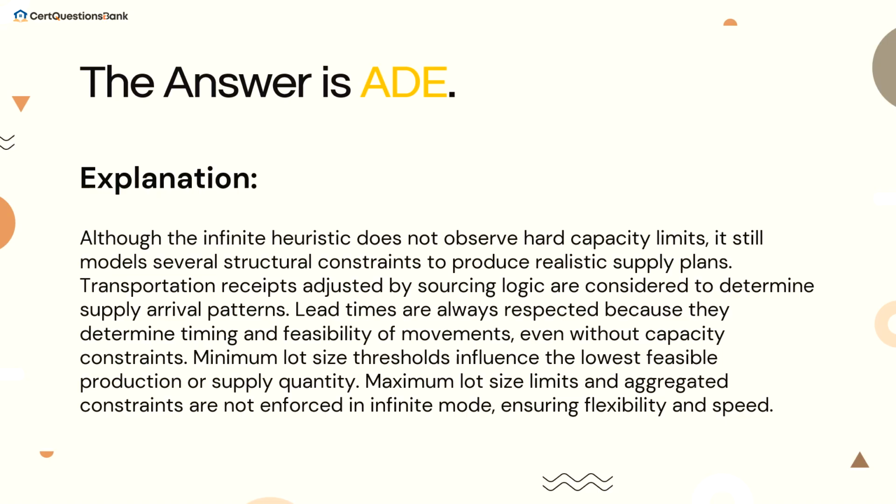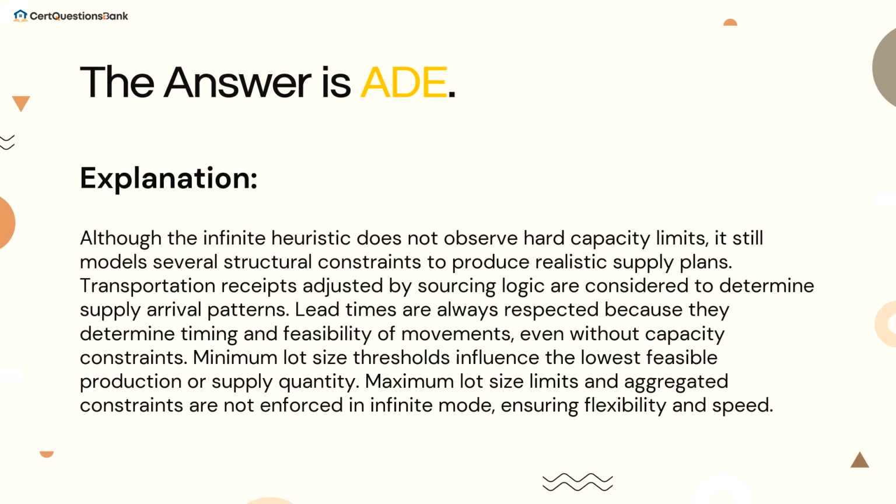Although the infinite heuristic does not observe hard capacity limits, it still models several structural constraints to produce realistic supply plans. Transportation receipts adjusted by sourcing logic are considered to determine supply arrival patterns.